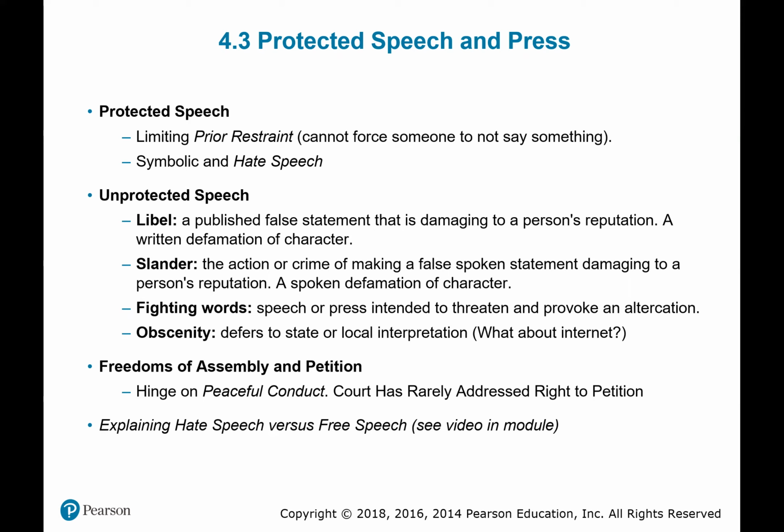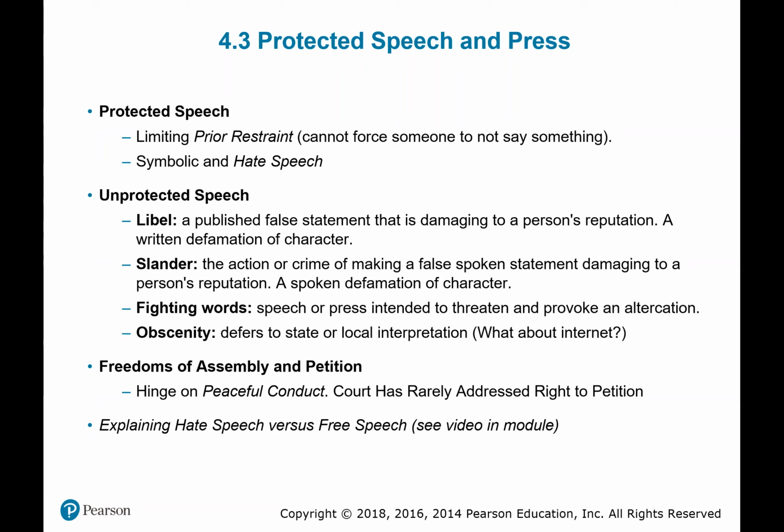But the key here is that it's false. So the onus is on proving that whatever statement was made is false, and that can be difficult in the United States. Some other countries, as we saw in the text, UK and Europe, it's a bit easier to prove libel. In the US, it's a bit more difficult.